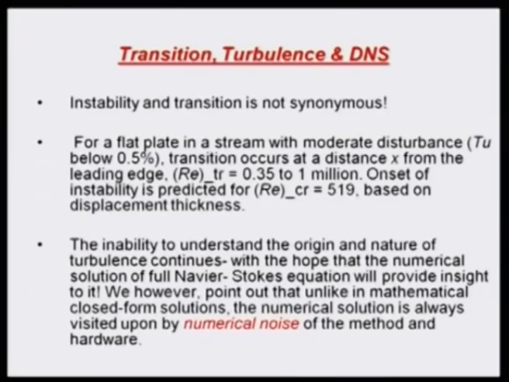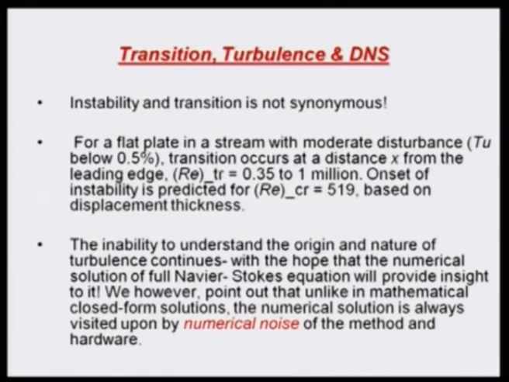This is one thing that we discussed earlier also, that instability and transition are not synonymous, they do not occur in the same place. You may have a transitional flow. For example, if you look at a flat plate in a flow with moderate disturbance, where the turbulent intensity is less than 0.5%. What is turbulent intensity?